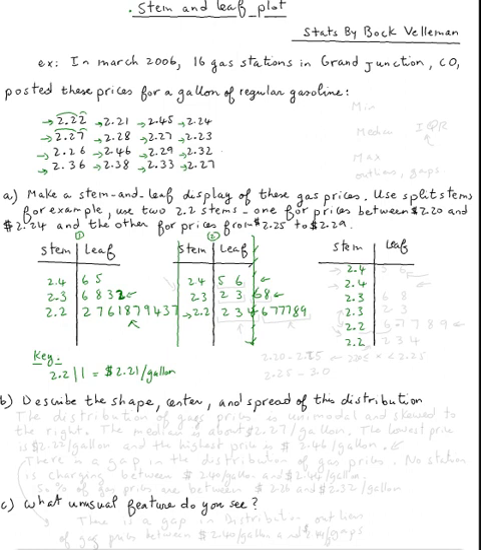Now when we split them, we don't just split them halfway. The way we do it, for example, 2.2 will be split from 2.20 to 2.25, and then the second class will be 2.25 to 3.0.